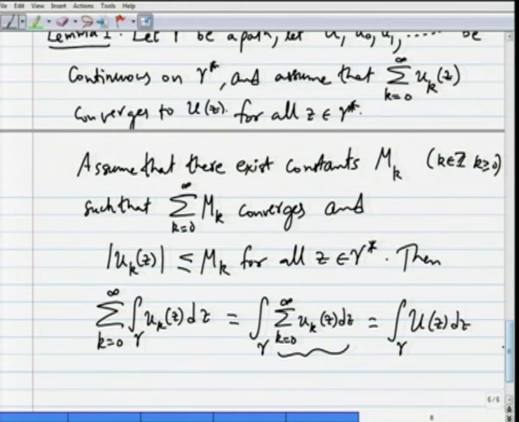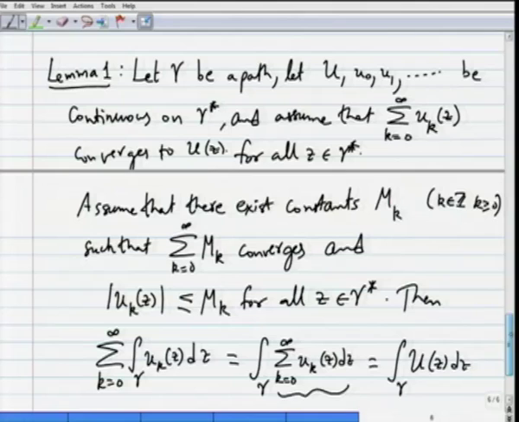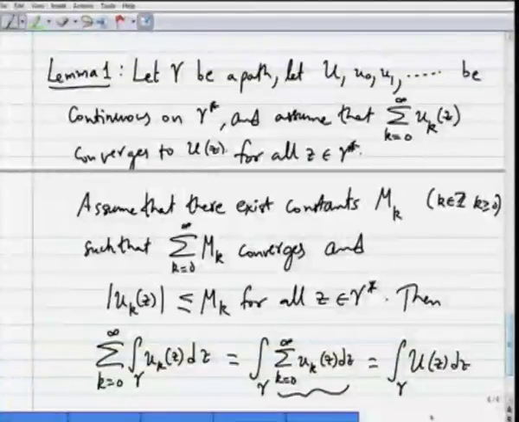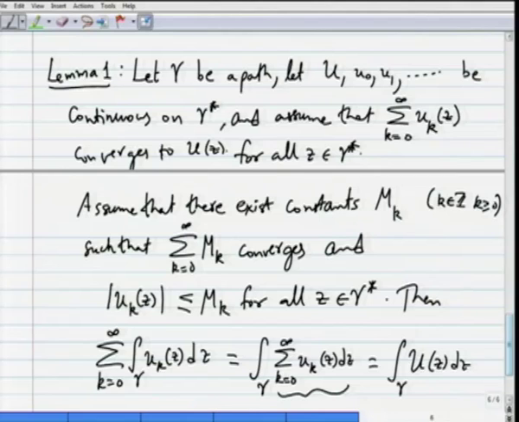So, we know from our experience with functions of real numbers and series of real functions that it is not necessary that we can always exchange the integration and summation. Under these circumstances, this lemma gives us a sufficient condition under which we can exchange the integration and summation.